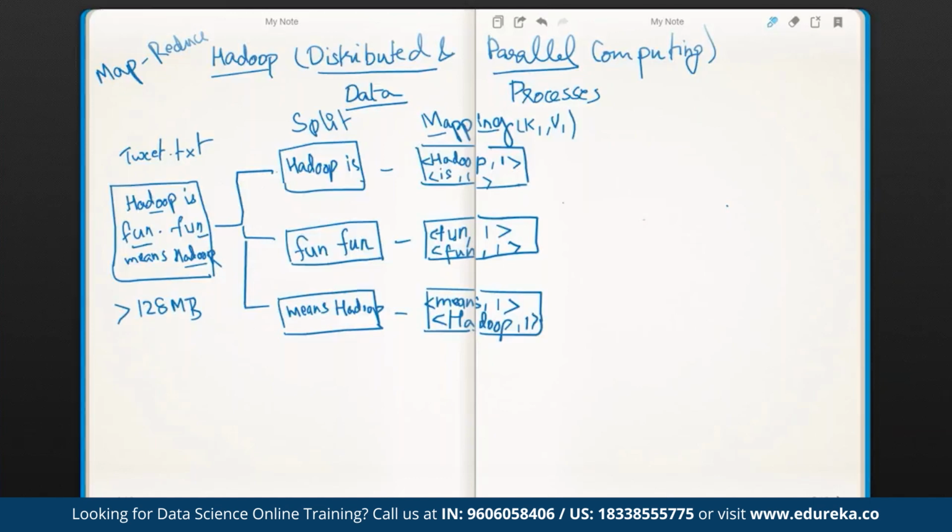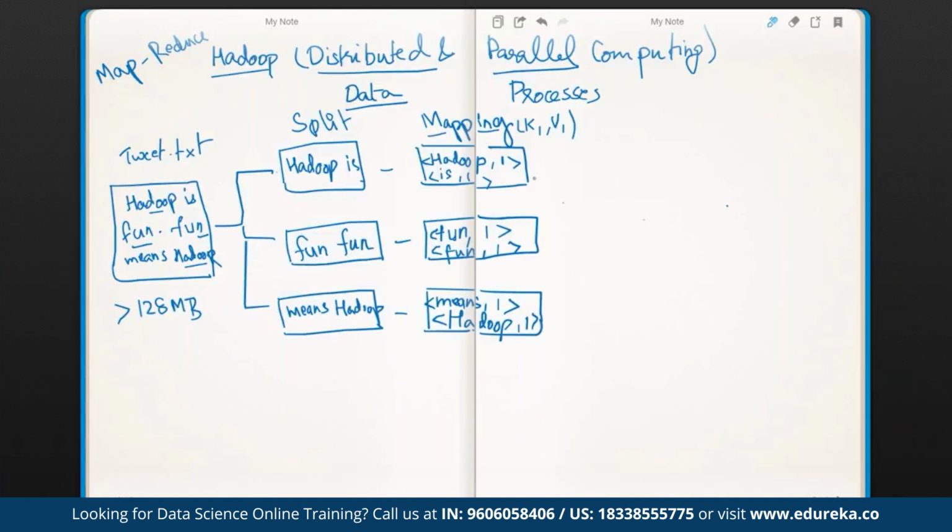That's the sort of power we get because of breaking the data into smaller parts. My program is not running on one large file of 1 GB or 1 terabyte, but rather on a small block of data, which is obviously fast, and because parallelism is also achieved, the speed is even better.